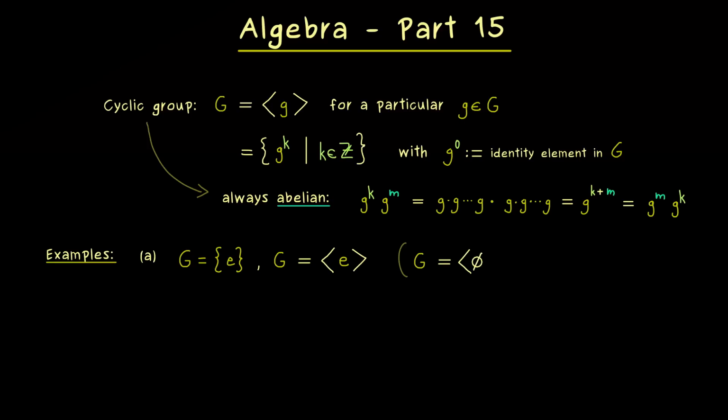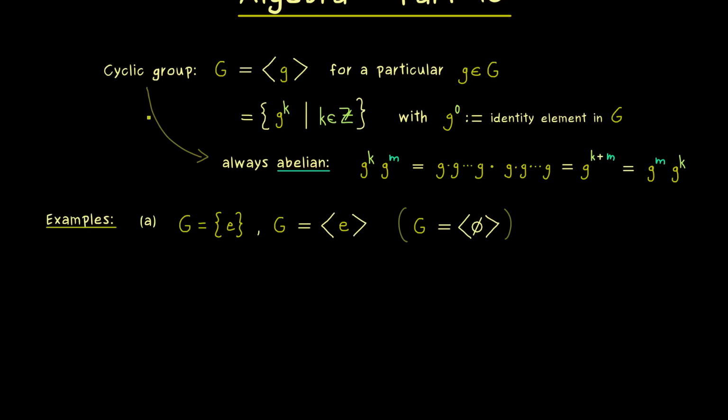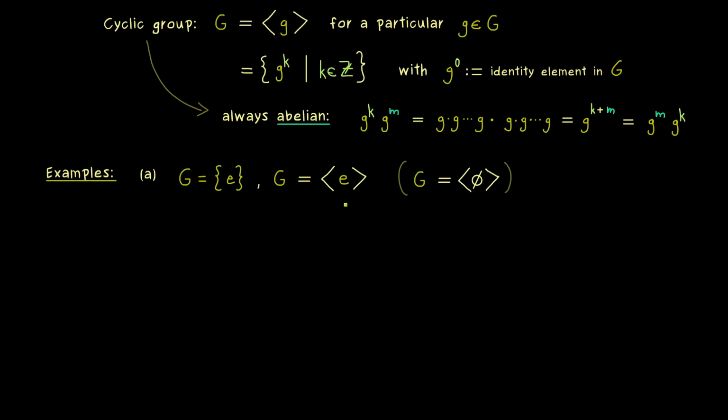Indeed, there we could say that G is generated by the empty set. Simply because the subgroup that only consists of the identity element is the smallest possible subgroup that contains the empty set. So this is all we have to say here, because G is the smallest possible group anyway, and now you know it's also a cyclic group by definition.